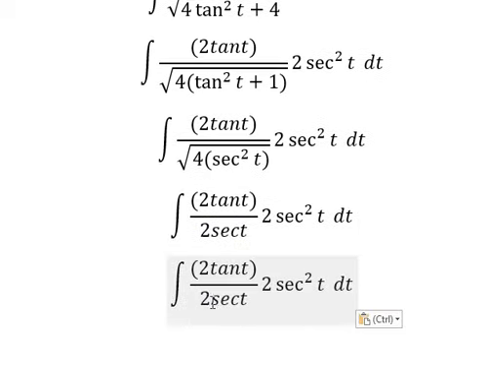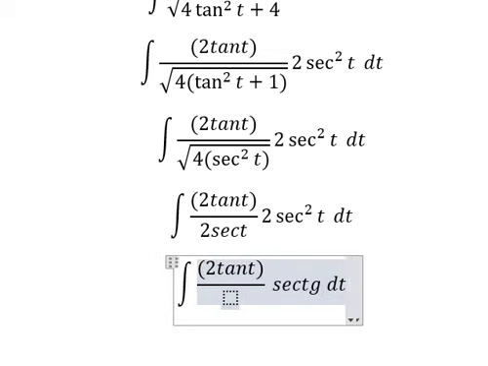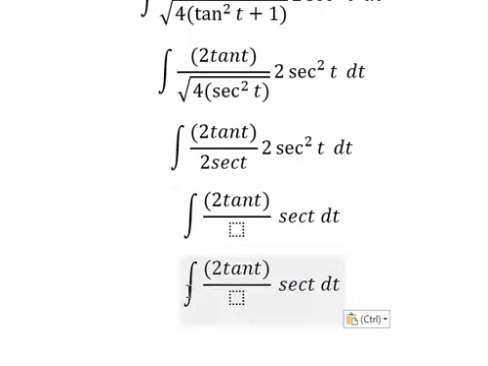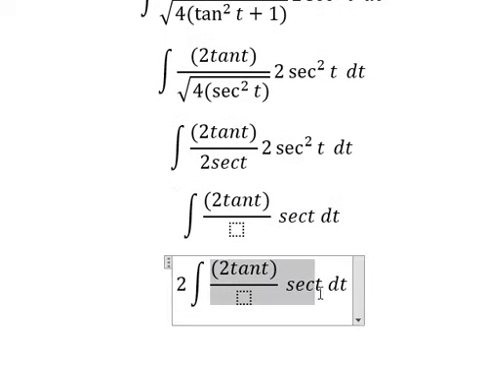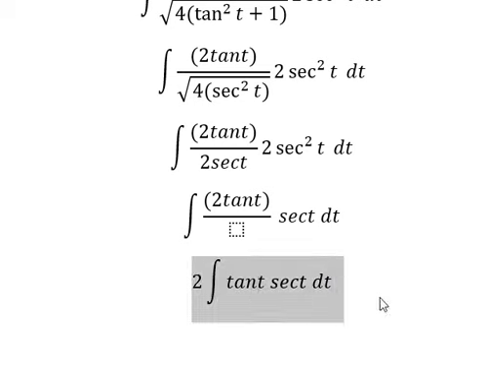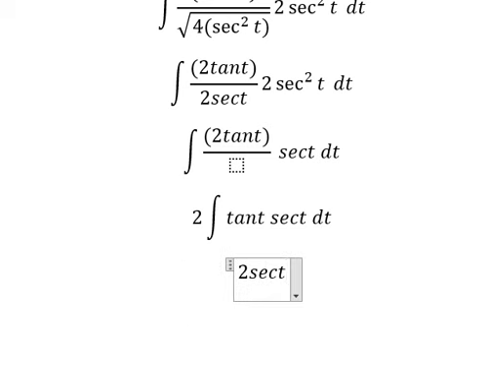Later we simplify. So I will put number 2 outside. So the integration of this one is secant of t, and I will put c.